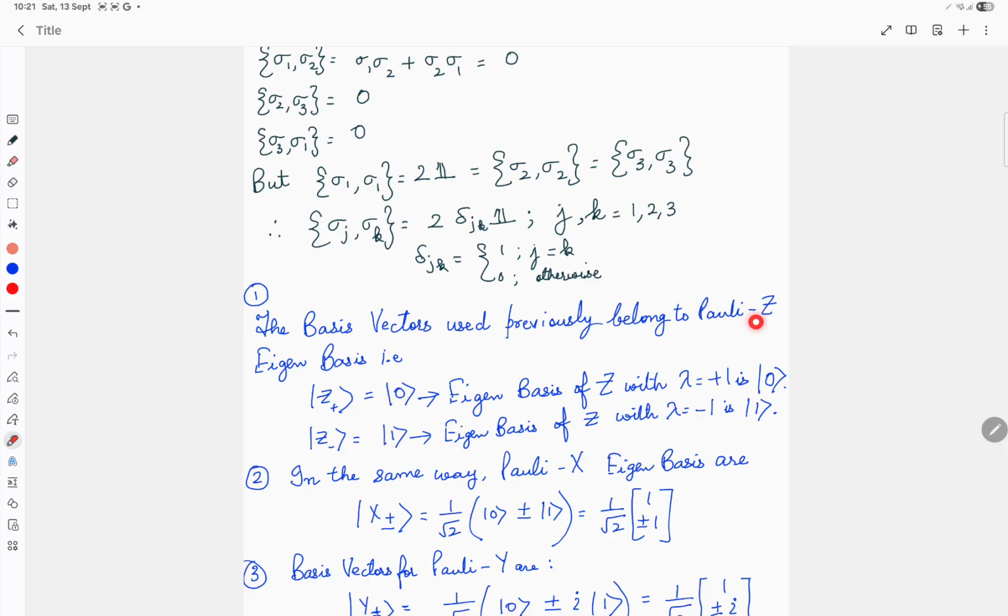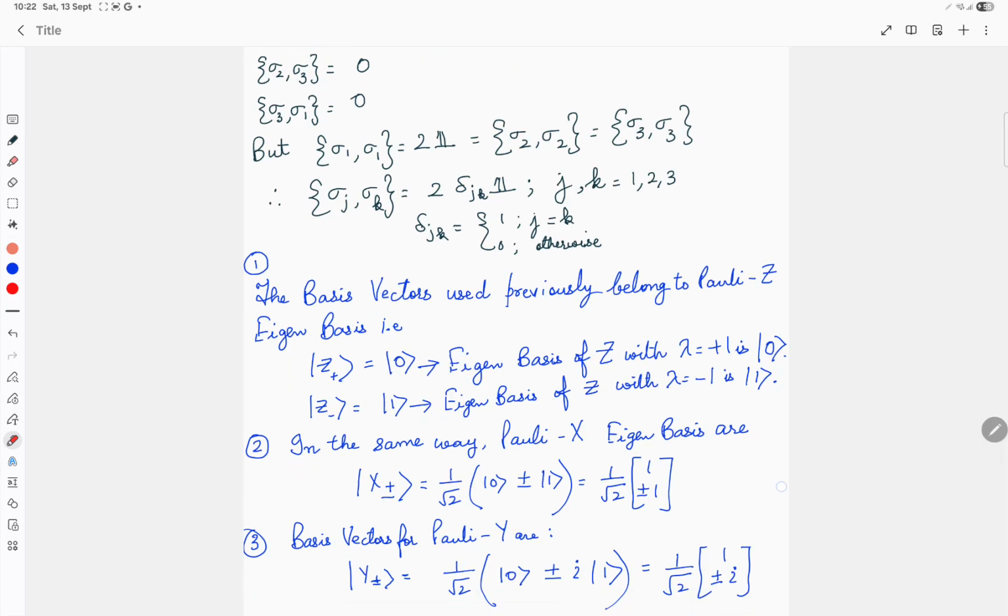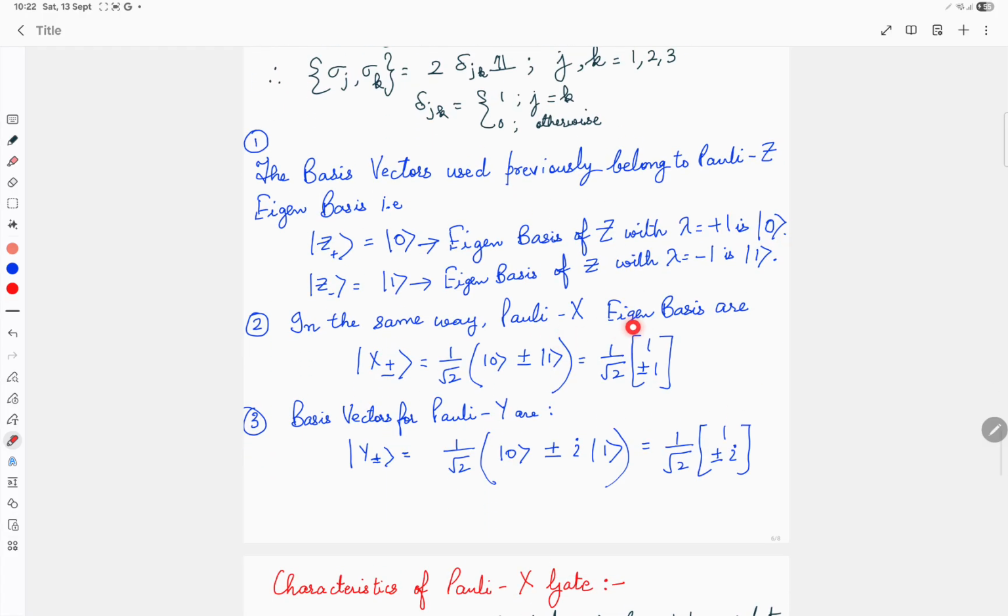They basically belong to the Pauli Z eigenbasis. So the Z plus eigenbasis value is what we call ket 0. Basically ket 0 and ket 1 are the Pauli Z eigenbases that we can use for quantum systems. In the same way, we can have the eigenbases for the Pauli X gate.